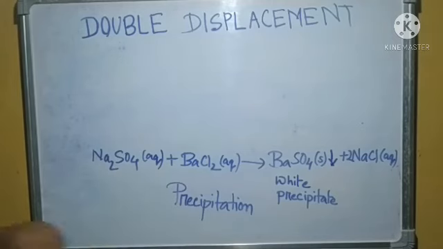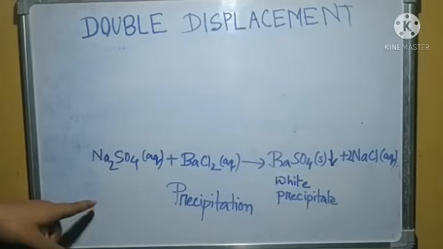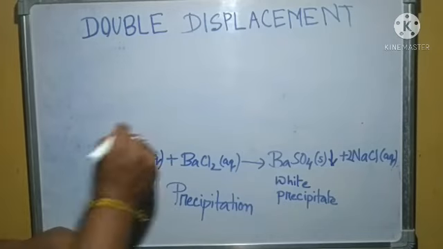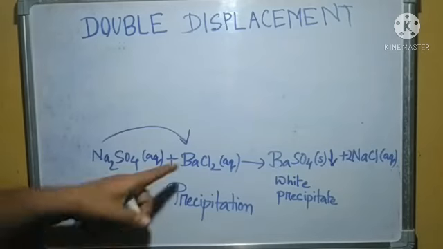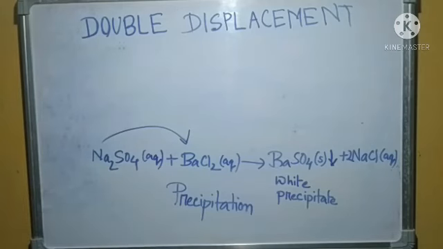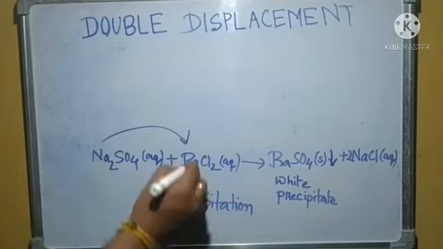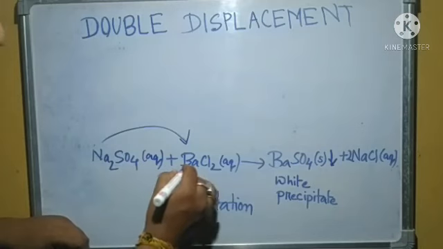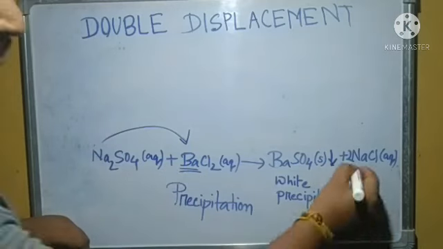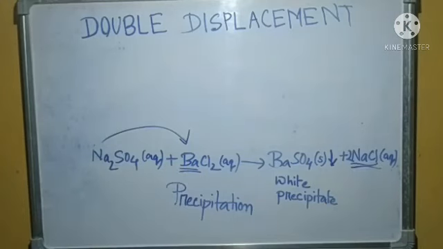Sodium and barium: the reactivity of sodium is higher, so it will displace the barium from barium chloride. Sodium will take the position of barium and form sodium chloride.